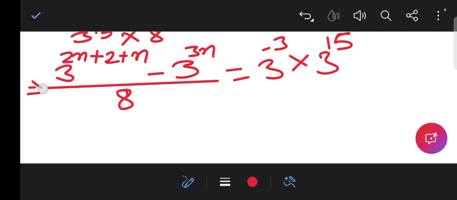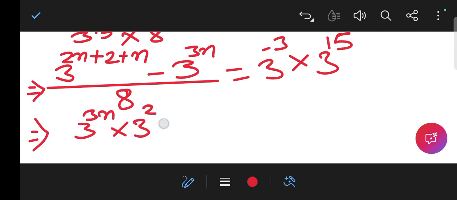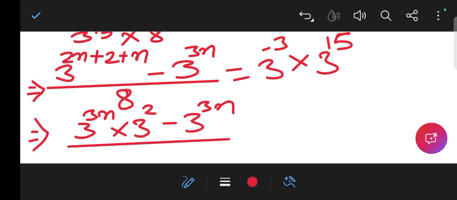What could be the next step? The next step is, we can add 2n and n, so it will become 3 raised to the power 3n. And in 3 raised to the power 3n plus 2, we can write 3 raised to the power 2 in the form of multiplication, with 3 raised to the power 3n as it is, and let's leave this 8 in the denominator as it is.